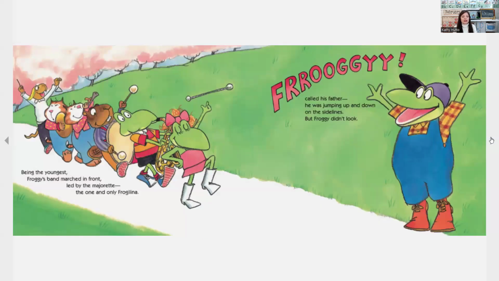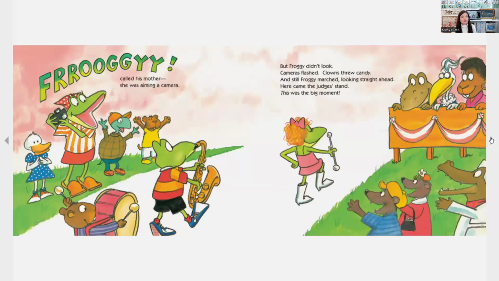Being the youngest, Froggy's band marched in front, led by the majorette, the one and only Frogalina. "Froggy," called his father. He was jumping up and down on the sidelines, but Froggy didn't look. "Froggy," called his mother. She was aiming a camera, but Froggy didn't look. Cameras flashed, clowns threw candy, and still Froggy marched, looking straight ahead.